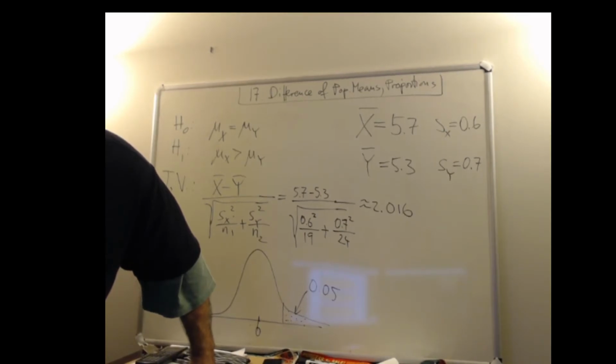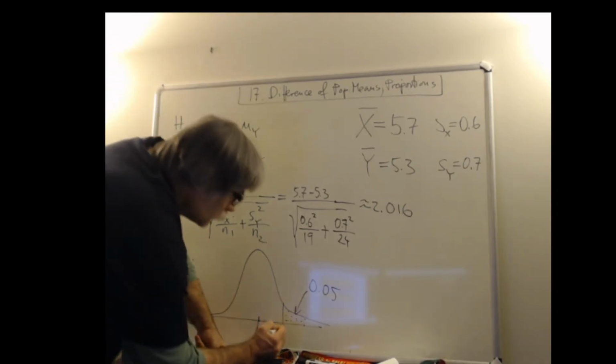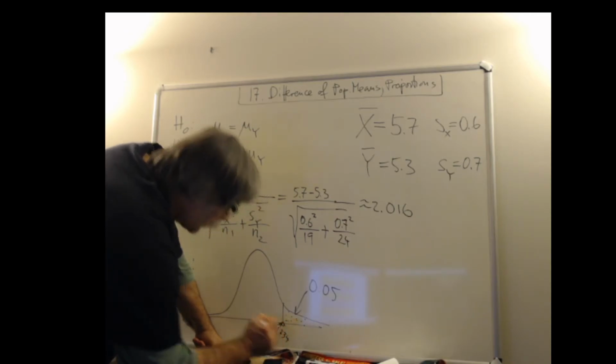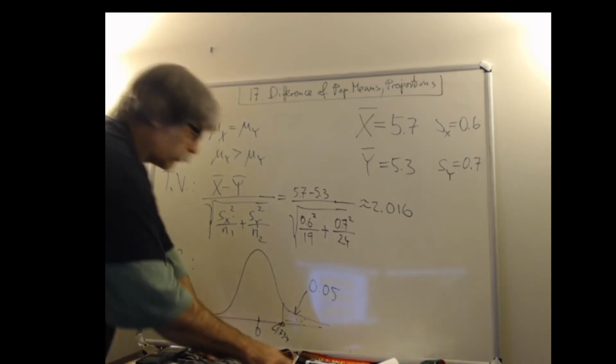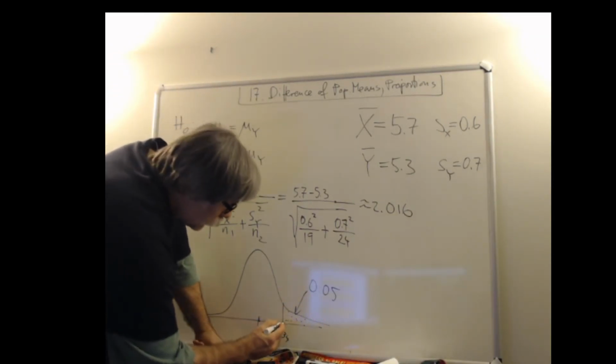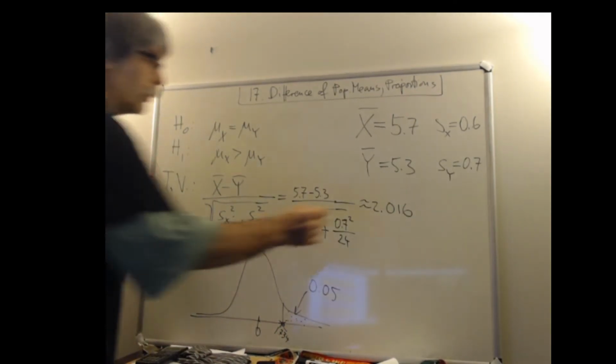The number I'm getting is 1.734. That critical value here is 1.734. That's this number here. Oh, this arrow really doesn't look good here. Let me just erase it. That's your critical value. What's the test value?